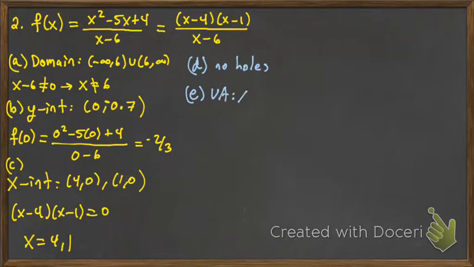Vertical asymptote is where the denominator is equal to 0 after we factor it and reduce. So that's going to be x equals 6. Horizontal asymptote, there is none because the degree of the top is larger. So the degree of the top is larger, there's no horizontal asymptote. But we do have a slant asymptote because the degree of the top is exactly 1 larger than the degree of the bottom.